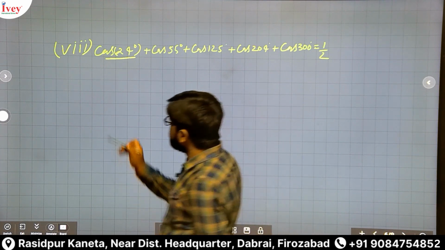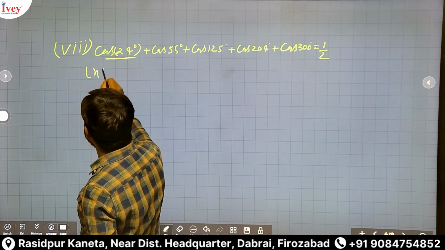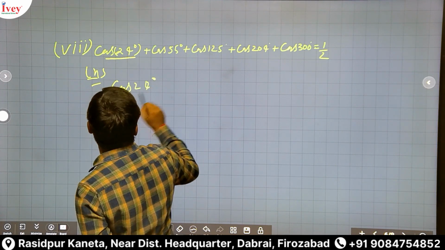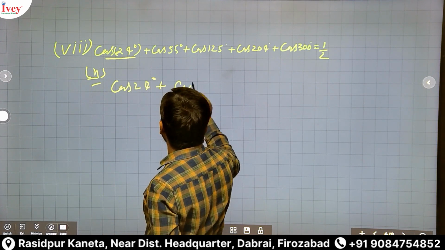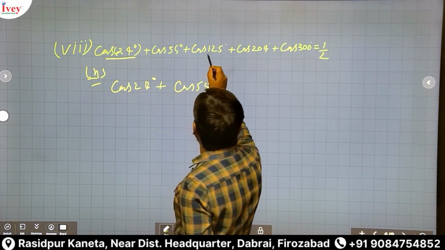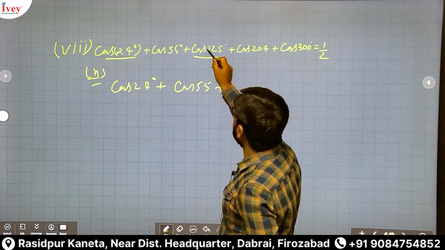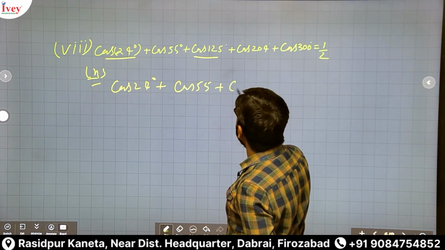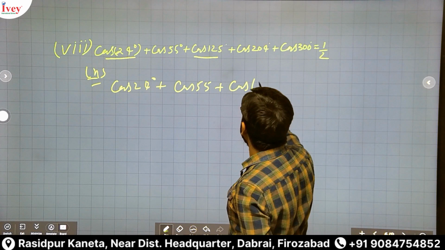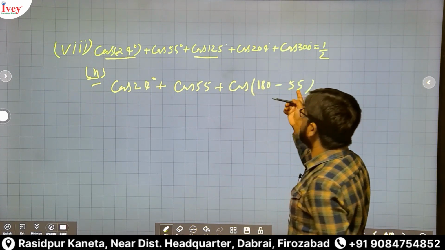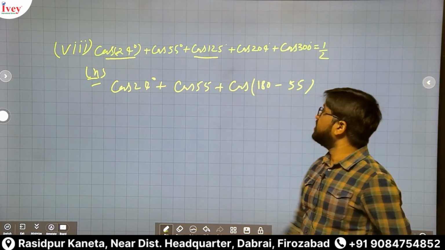So now again we are going to have LHS. I will write this cos 24 degree as it is. I will write this cos 55 degree as it is. Now I am going to change this. We can write this cos 125 as cos 180 minus 55. If you subtract this, we will get 125.